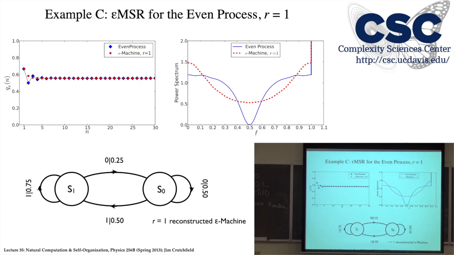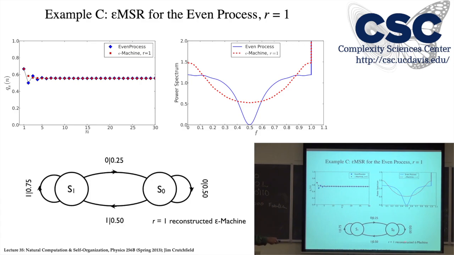So here's what we do when we do the even process. Not as good. It turns out that I've done this for R equals 1, and I'm missing these correlation functions right here. I get the first one, and I get the asymptotic one, and those are the ones that I use to recreate this process. So I got those, but I'm missing these right here.